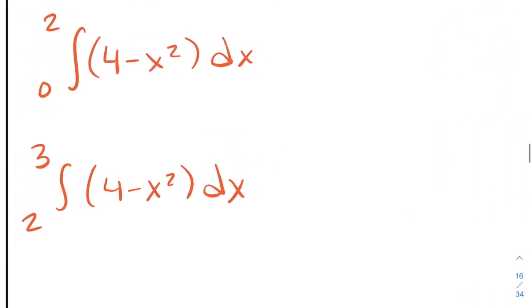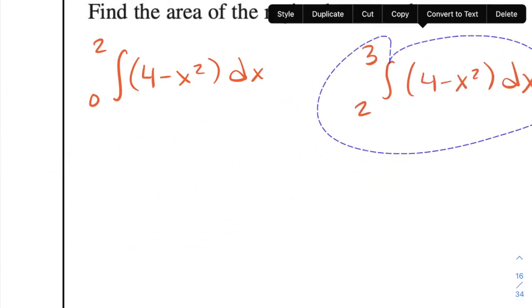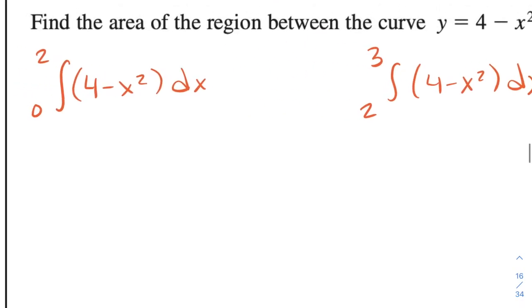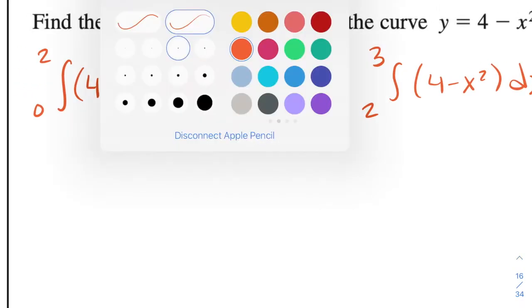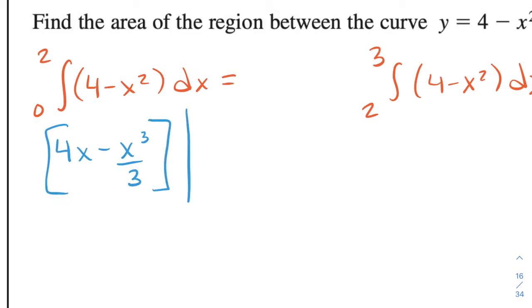So let's find the antiderivative. You know what? I'll put this here. So we're going to find out what that is. I'm going to find the antiderivative, which will be 4x minus x cubed over 3. Okay, and I'm going to integrate that from 0 to 2.